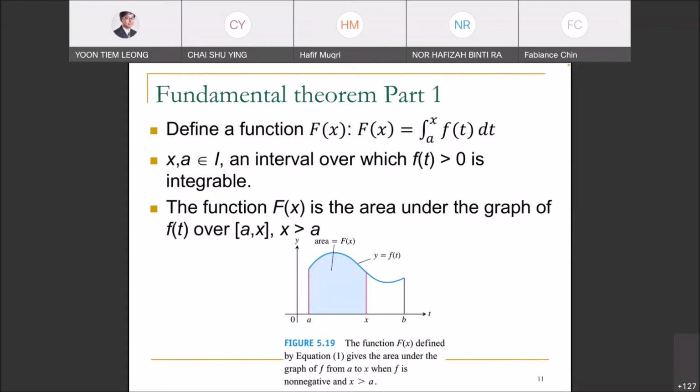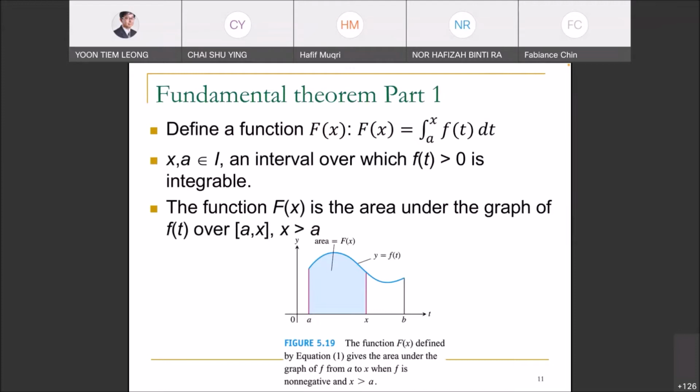Right? So now we are almost there to talk about the relationship between the definite integral and the indefinite integral. The fundamental theorem of calculus is divided into two parts. The first part is to establish a new function called capital F that will be shown to be the antiderivative of a small function f.